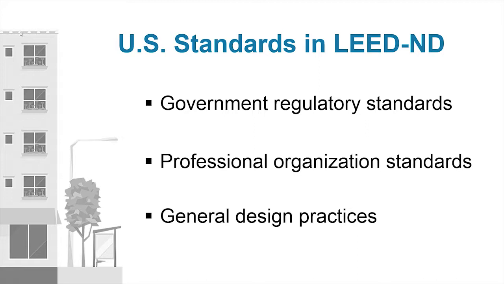In other instances, ND thresholds may be considerably lower than typical international conditions. For example, many projects in other countries can easily achieve ND's minimum densities of 7 dwelling units per acre and a floor area ratio of 0.5, which are pretty significant thresholds in the United States.